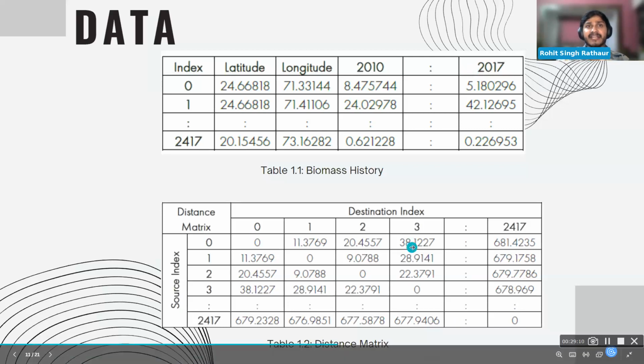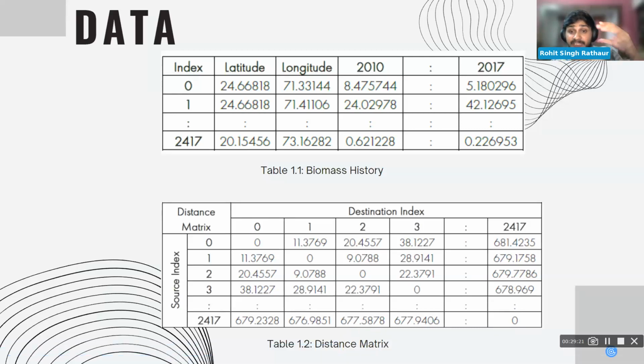In table 1.2, the data is all about distance metrics. This table gives the travel distance from source grid block to destination grid block, and they provided this data as a 2418 by 2418 matrix.